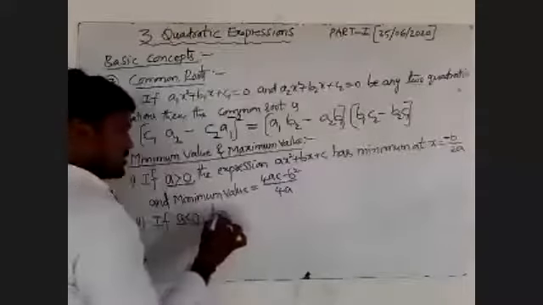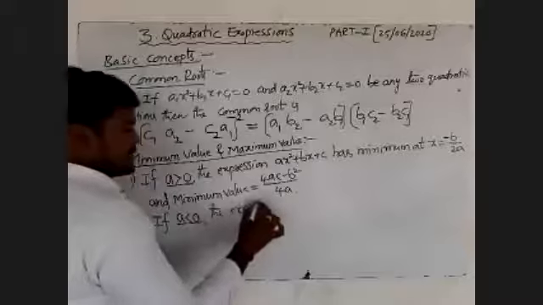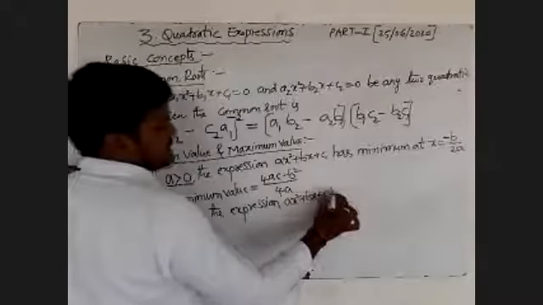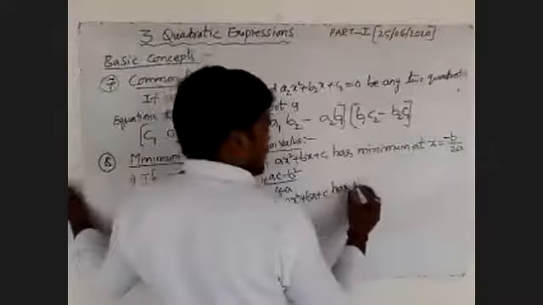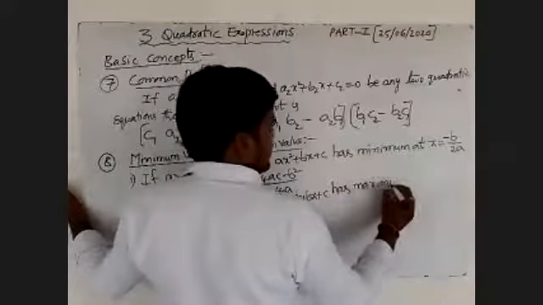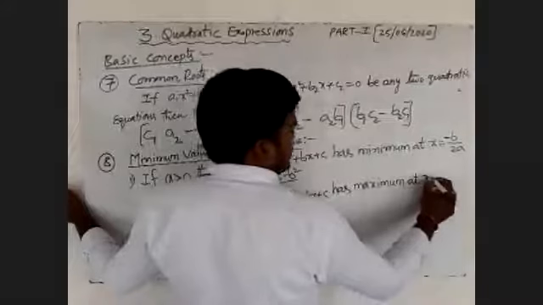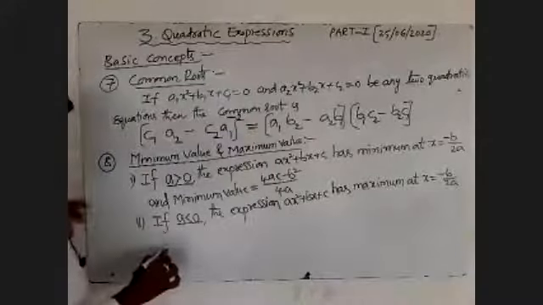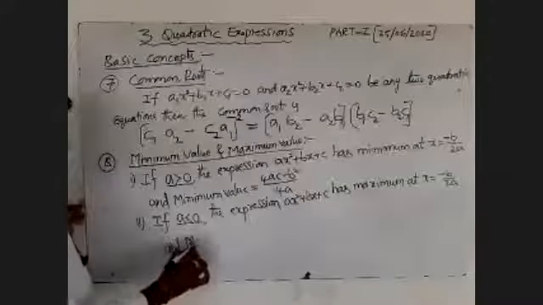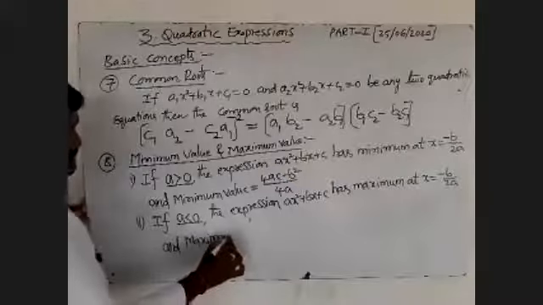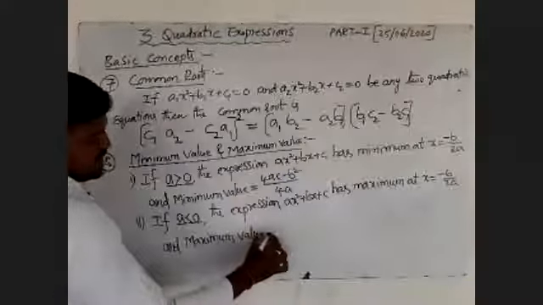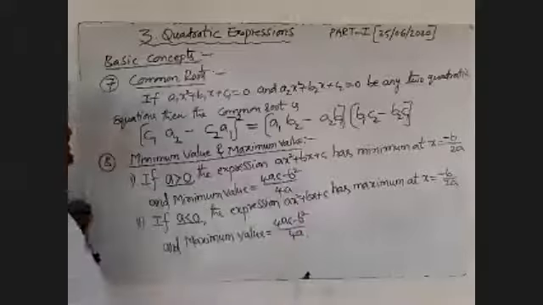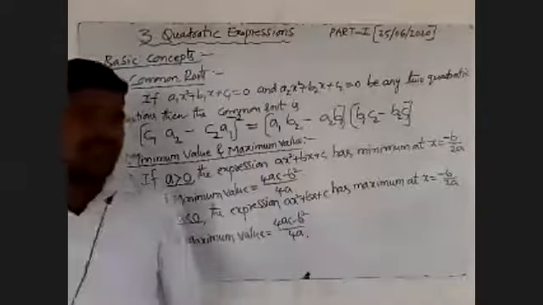If a less than 0, the expression ax square plus bx plus c has a maximum at x is equal to minus b by 2a, and the maximum value is, what is the formula here? (4ac minus b square) by 4a, we will write.